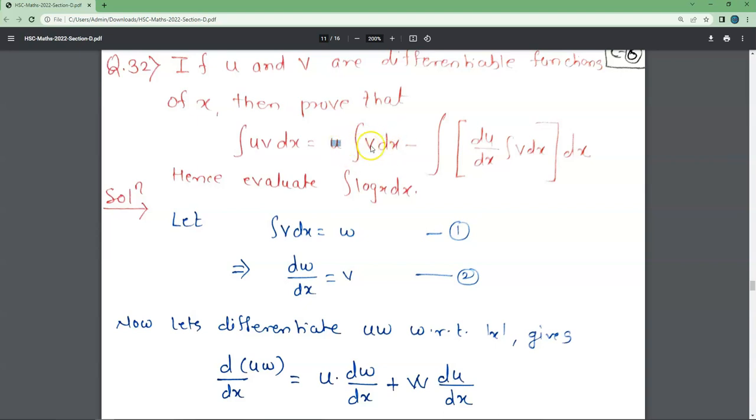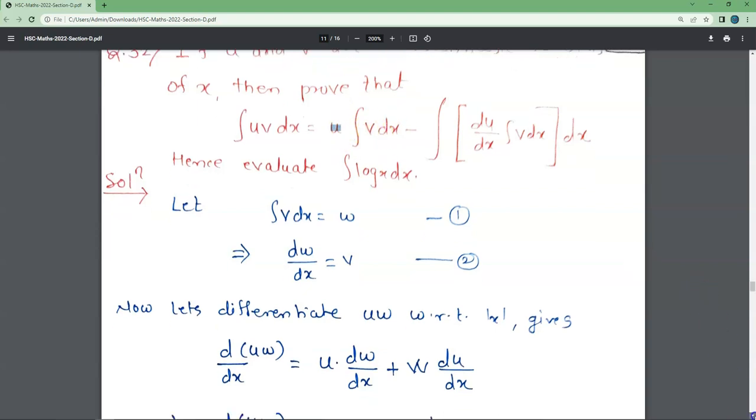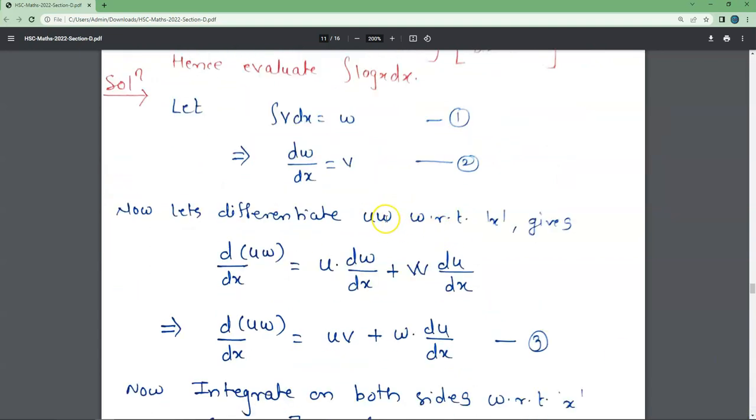So u into w हा असा consider करायचा. So let's take u into w. So u ला आपण with respect to x काय करू? Differentiate. So derivative of uw is u as it is derivative of w plus w as it is derivative of u. Multiplication च्या differentiation चा rule. So u as it is dw by dx, काय तो? v. So this will be v plus w as it is du by dx.